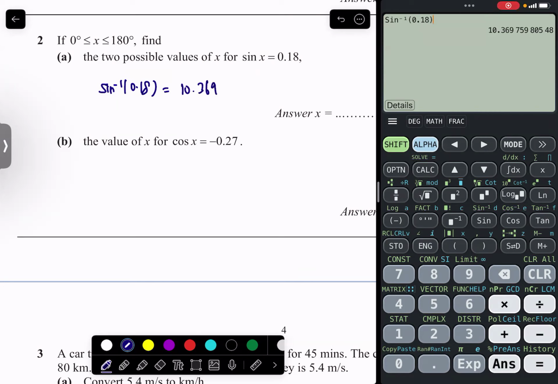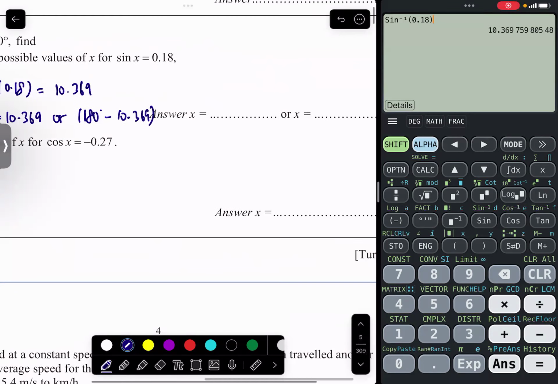So what is the other value then? It means that sine of 10.369 gives me 0.18. So x could be 10.369, or it can also be 180 minus 10.369, because this is the obtuse angle formula.